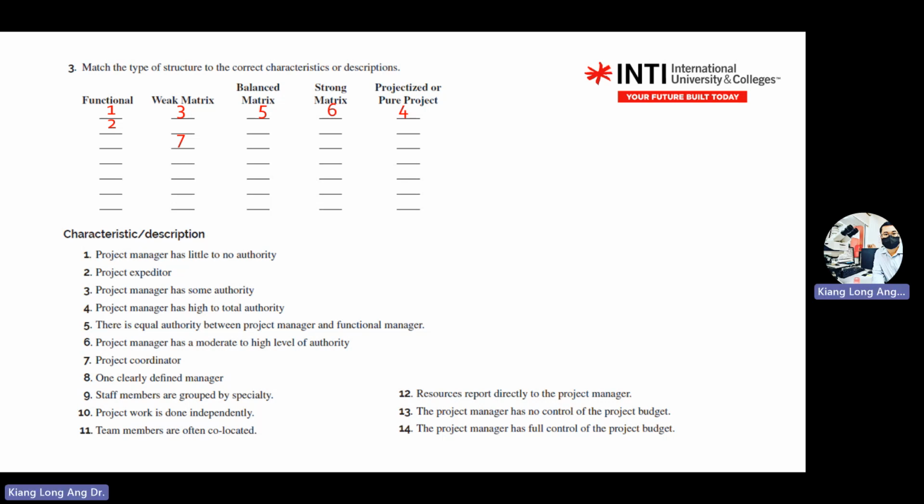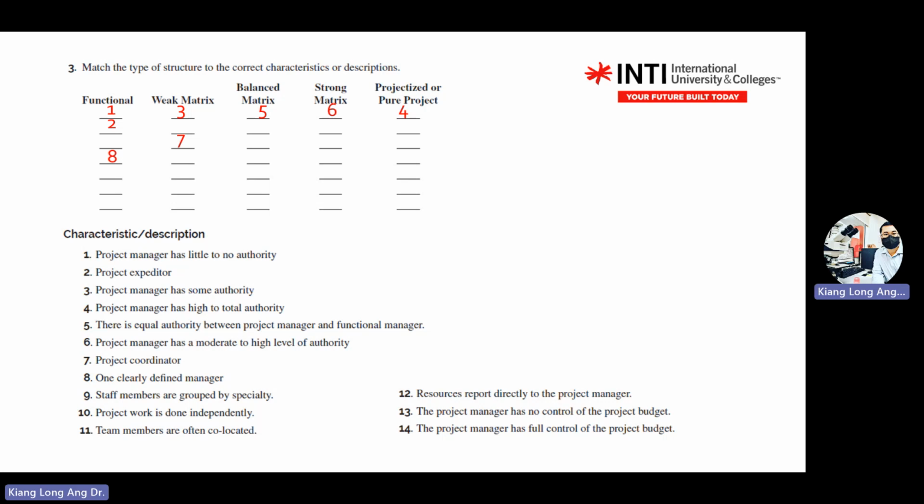Okay. Number 8, one clearly defined manager. One clearly defined manager. There's no project here. Without the project, it means functional. Clearly defined manager. Manager, manager, manager. So it's under functional.